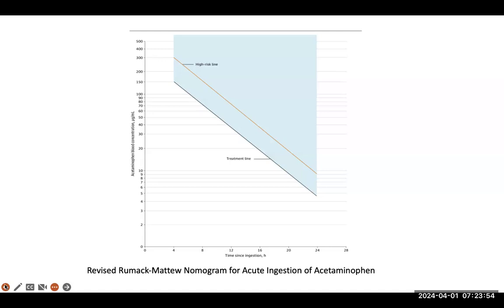So the problem with the guidelines I saw, especially the more recent guidelines, is that that's a very shady area. The recent guidelines had a caveat about those people between 2 and 4 hours who had elevated serum acetaminophen, although they said it cannot be used.